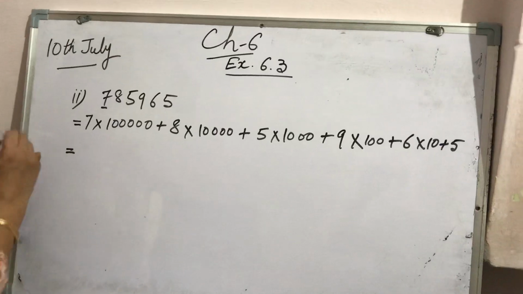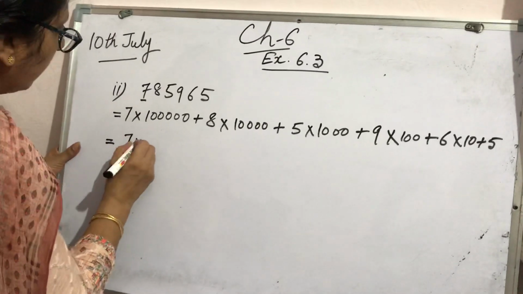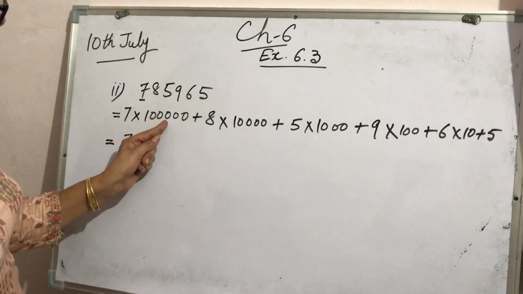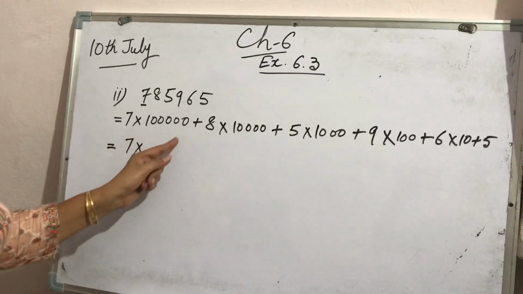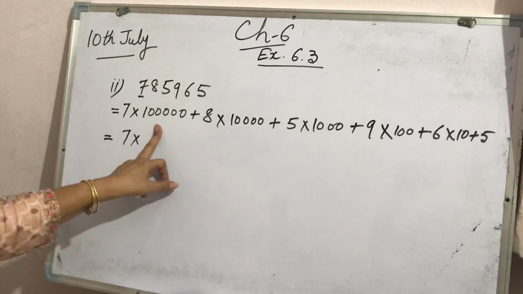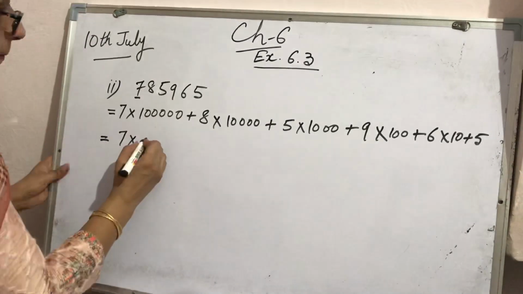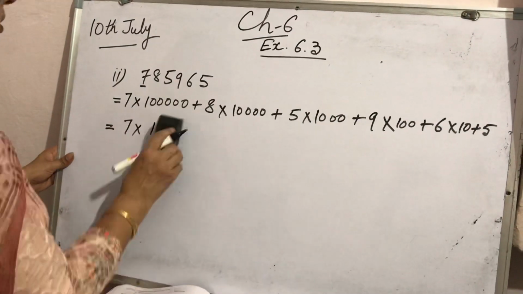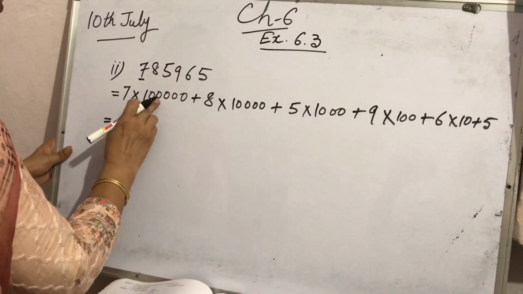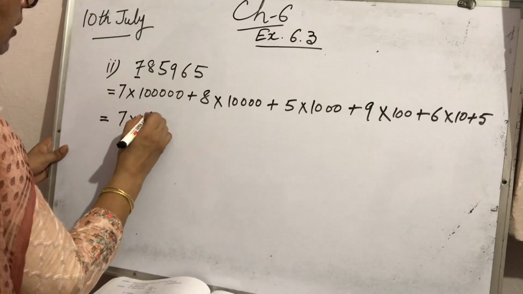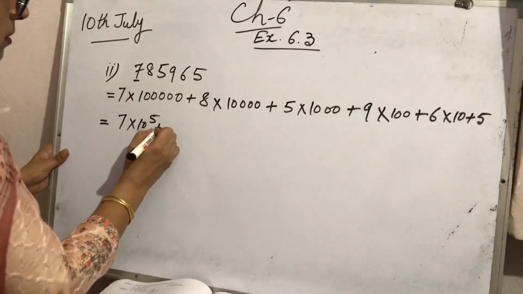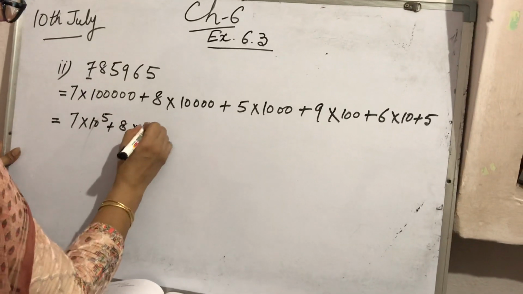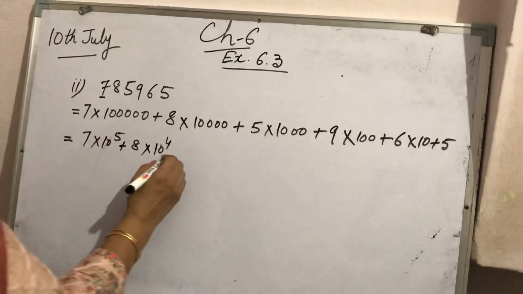Next, 7 convert into exponential form. So 1, 2, 3, 4, 5 zeros are there. While doing it in exponential form, we'll use 10 raised to power 5. 7 multiply 10 raised to power 5. Plus 8 multiply, 4 zeros are there, 10 raised to power 4.